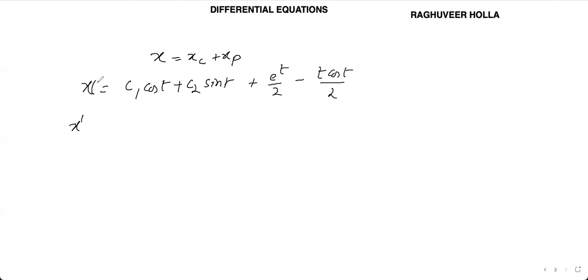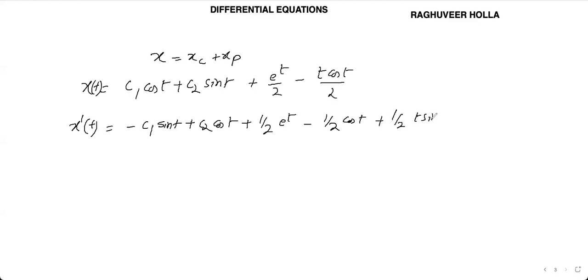X dash of t will be minus c1 sin t plus c2 cos t, plus half e to the power of t, minus half cos t, plus half t sin t.